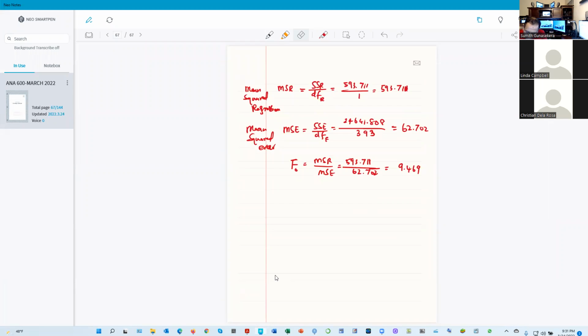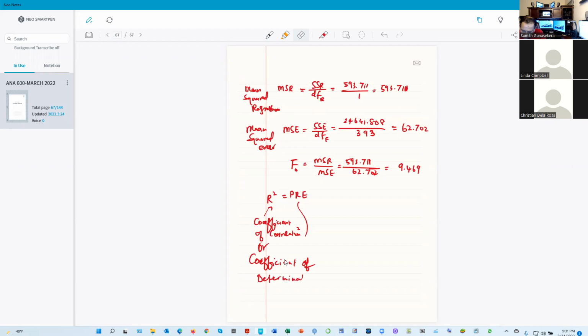On the other hand, they were looking for the PRE. PRE is nothing but R squared, the coefficient of correlation squared, or you could say the coefficient of determination.